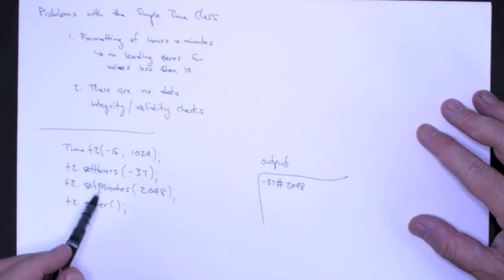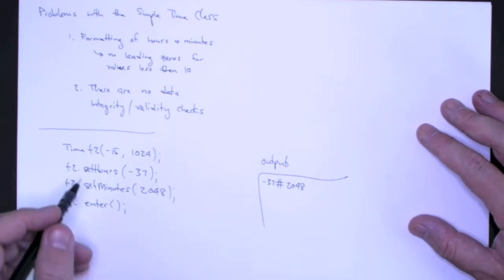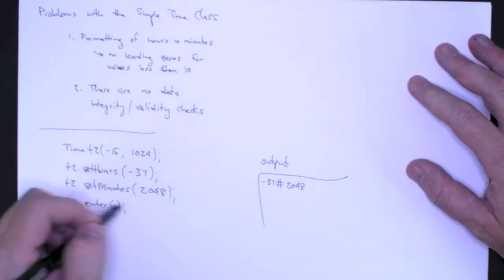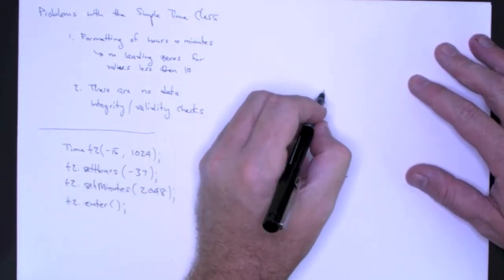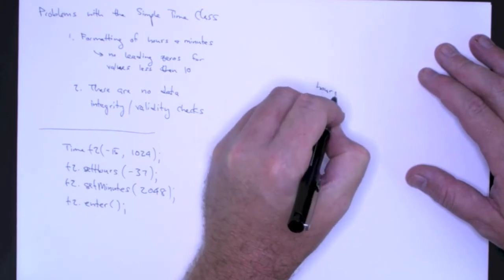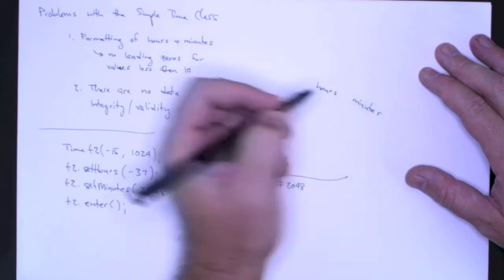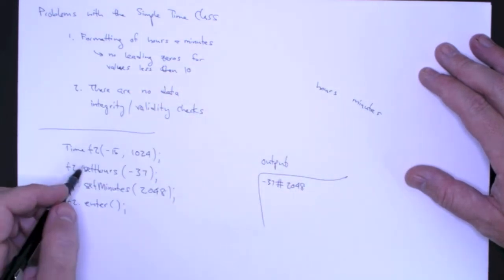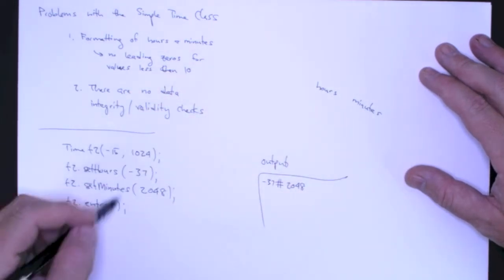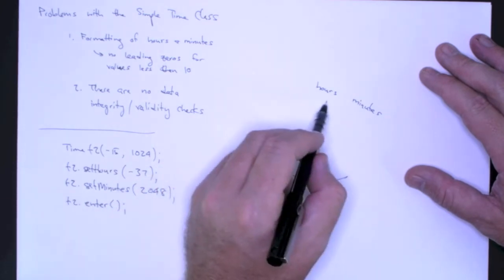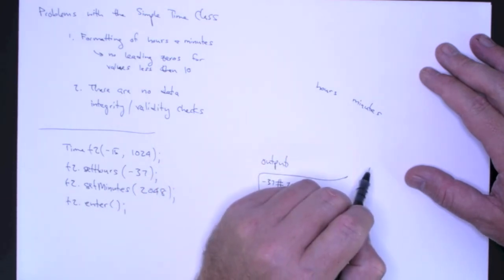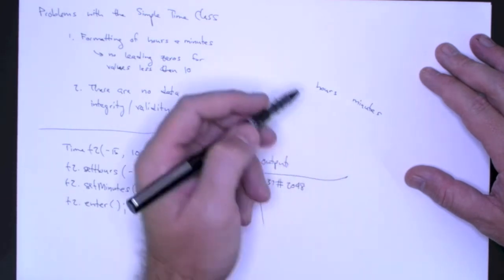So this is one of the most complicated things when you're implementing a class: you've got to make sure that all the routes to your private data members, so here I have hours and I have minutes, are covered. What are all the different routes that a programmer would use to store incorrect information into these private data members?